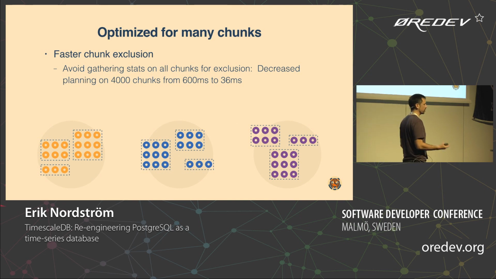So you're paying that cost to open all the subtables just to look at one chunk, and that's not good. So we added optimizations to redo that chunk exclusion ourselves with our own system. That reduced the planning time for this particular query with 4,000 chunks from 600 to 36 milliseconds.